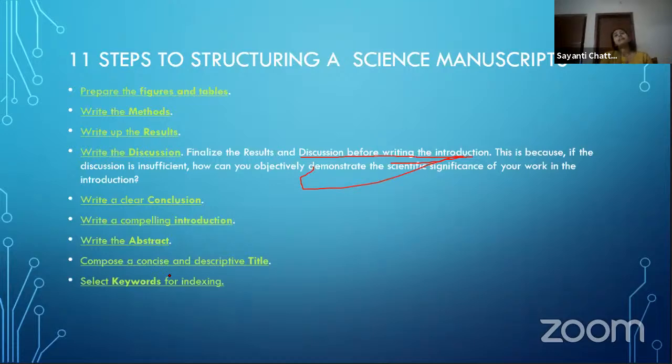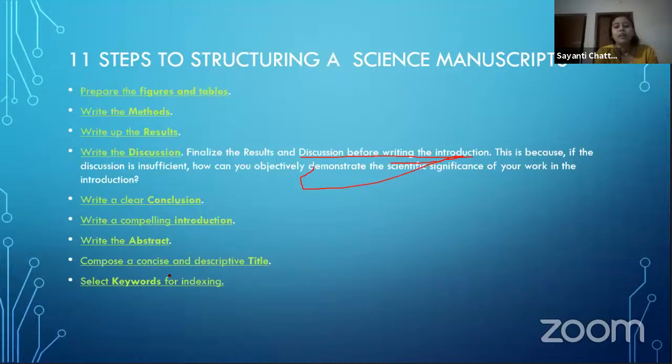Next, select the keywords. Keywords, when I am searching a paper, what will I give? I will give the keywords only. Say we are doing renewable energy source: renewable energy, estimation, power. So these keywords I will give. Keywords are the most important thing to improve your citation.